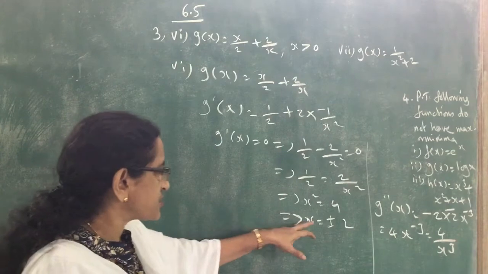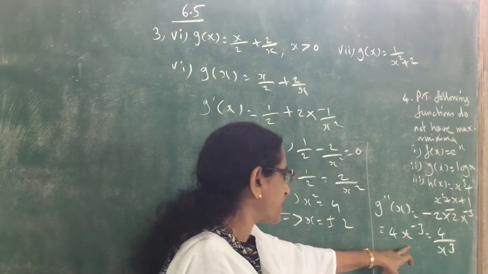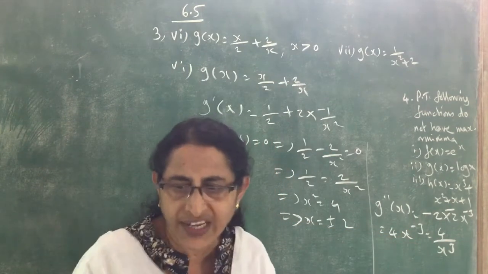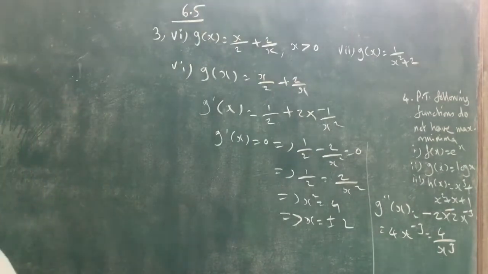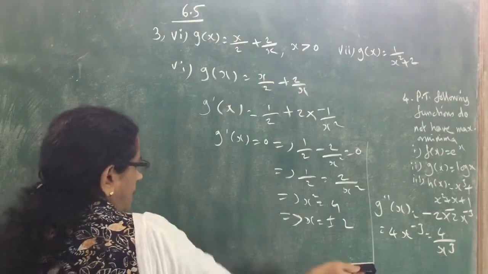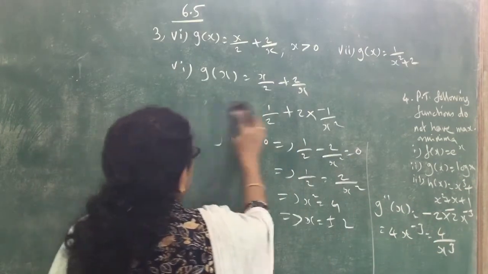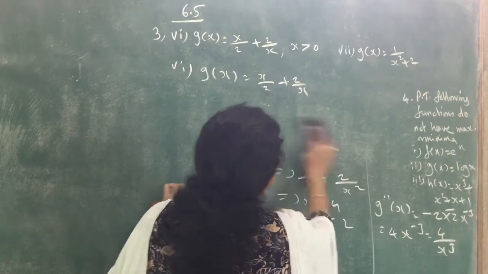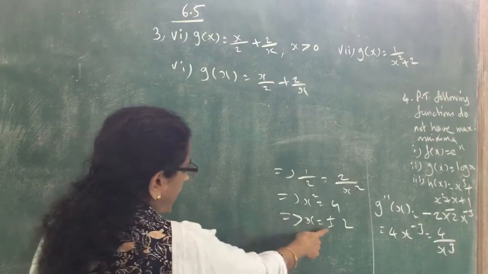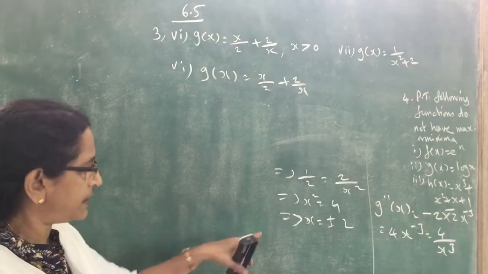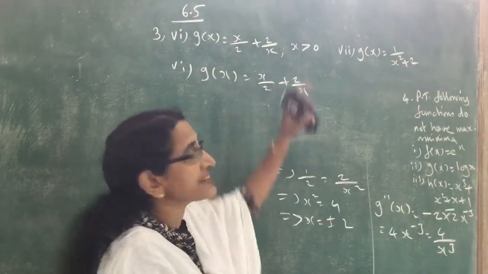Now we have to substitute x equals 2 in the second derivative and see whether it is positive or negative. We consider only x equals positive 2, because x is greater than 0.